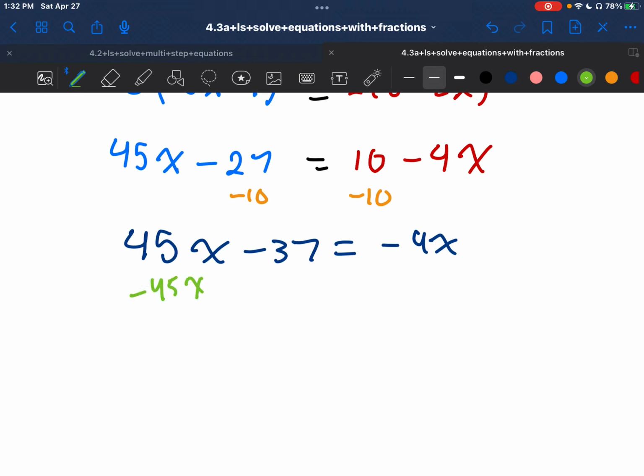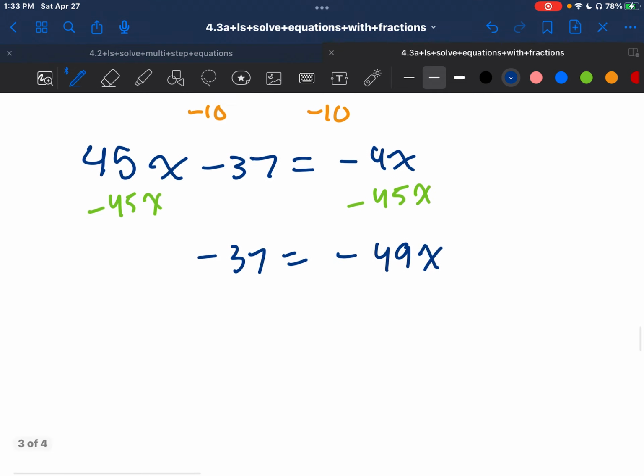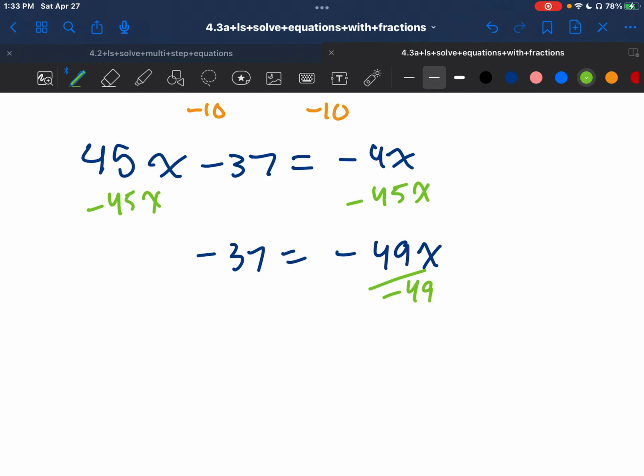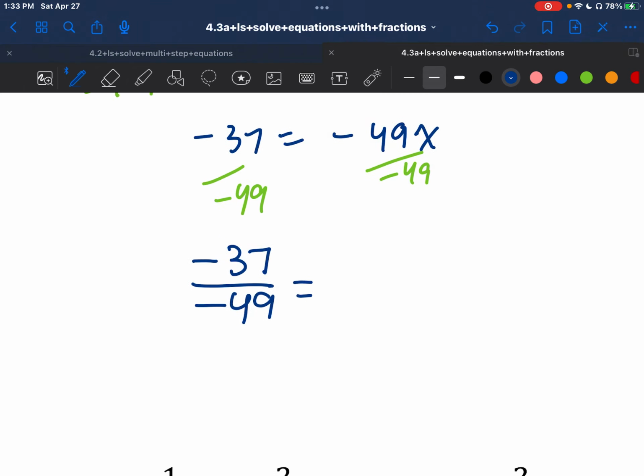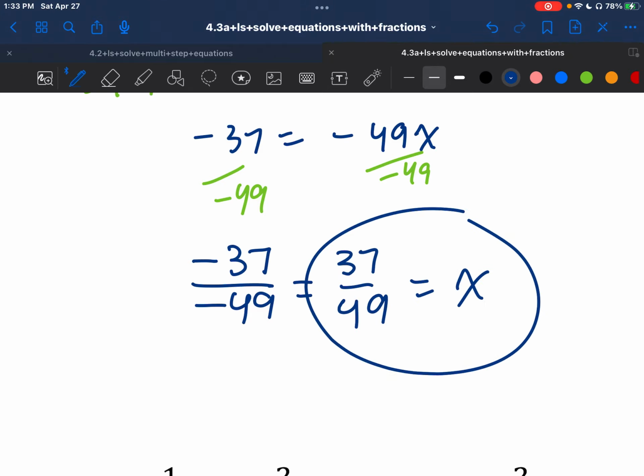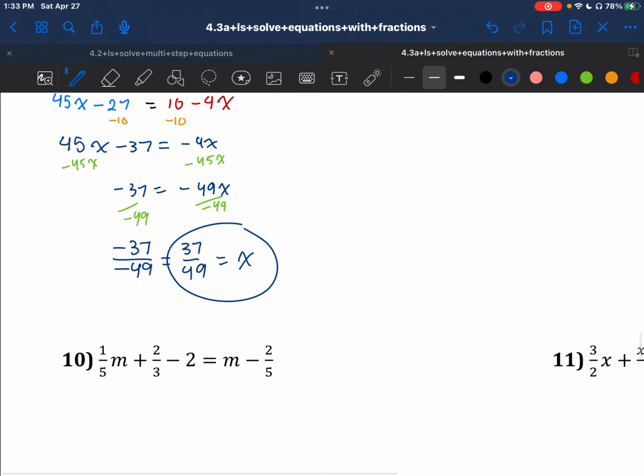We can minus 45x, minus 45x, and then we're gonna get negative 37 equals negative 4 minus 45, which is negative 49. And now let's divide by negative 49. And you're going to get negative 37 divided by negative 49, which equals 37 divided by 49 equals x. There we go. Pretty cool.